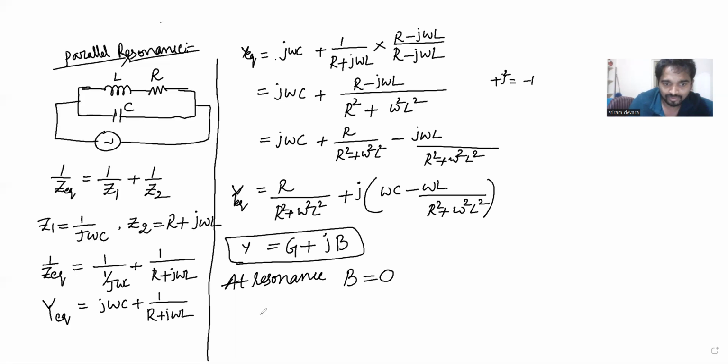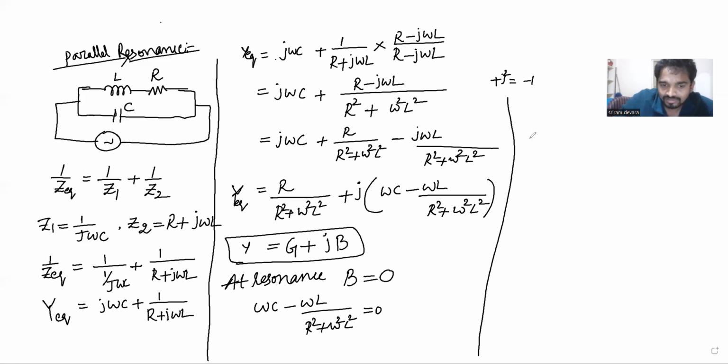Therefore omega C minus omega L divided by R square plus omega square L square is equal to 0. Further, omega C is equal to omega L divided by R square plus omega square L square.